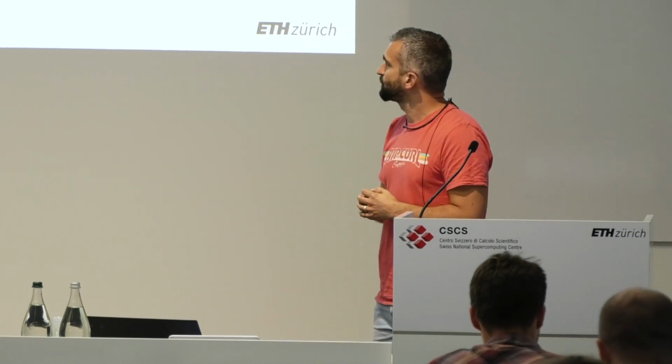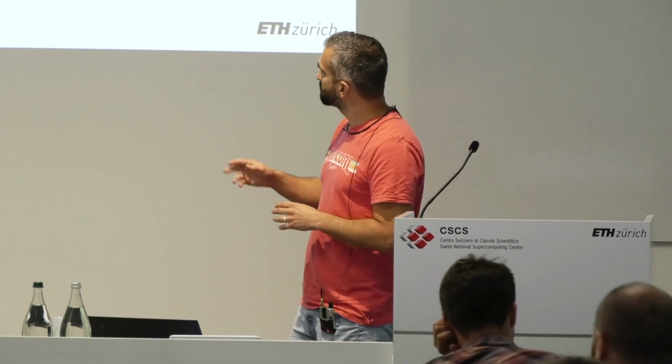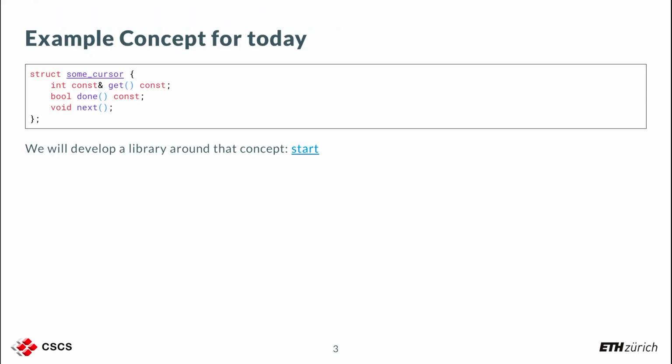What we will do is I will live implement this generic library that deals with these kinds of things. Here's one example of the things we are dealing with. It's called cursor. This is some cursor that has three functions: get, which returns a const ref int, done, which returns a bool, and next, which does something, right?